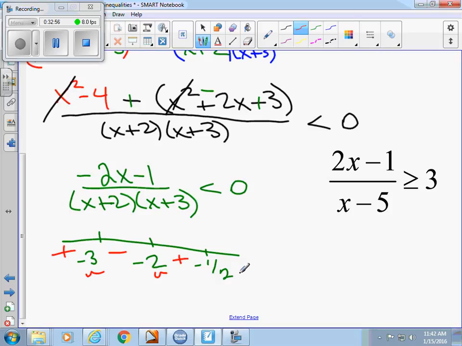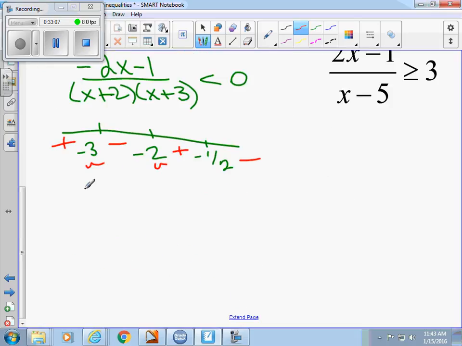And then if I plug in positive 1, I get a negative on top and a positive on the bottom. I'm looking for less than 0, so it will be negative 3 to negative 2, negative 1/2 to infinity. I didn't have to think about brackets versus parentheses because it was just less than 0, but if it had been less than or equal to, the negative 1/2 would have gotten a bracket, but the others would not.